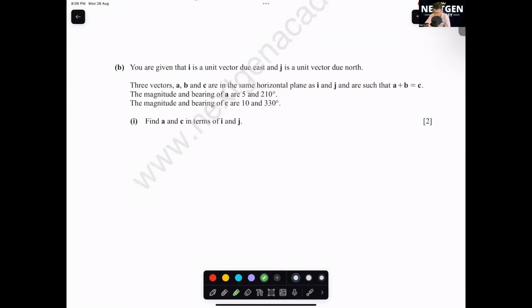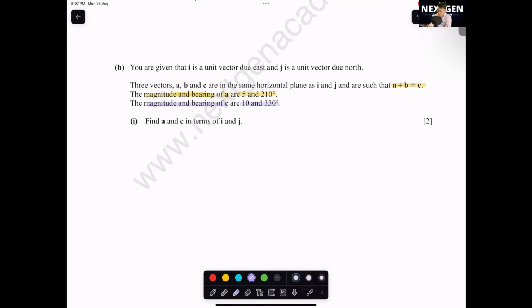So you are given that i is a unit vector due east and j is a unit vector due north. 3 vectors a, b, and c in the same horizontal plane as i and j are such that a plus b equals c. The magnitude and bearing of a is 5 and 210. The magnitude and bearing of c is 10 and 330 degrees. Okay, they say find a and c in terms of i and j.